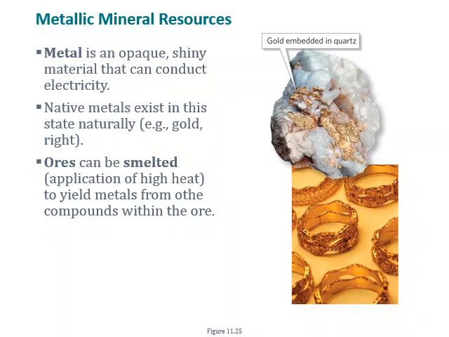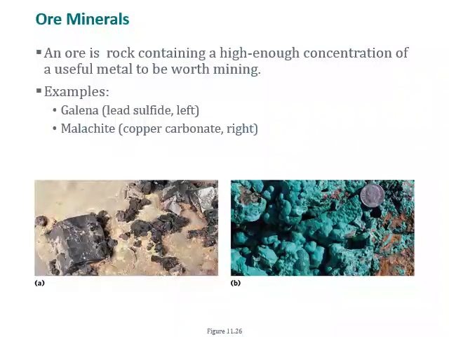There are many different types of ores around the world. Some examples include galena, which is a lead sulfide or a lead ore, and malachite, which is a copper ore and is technically known as copper carbonate.